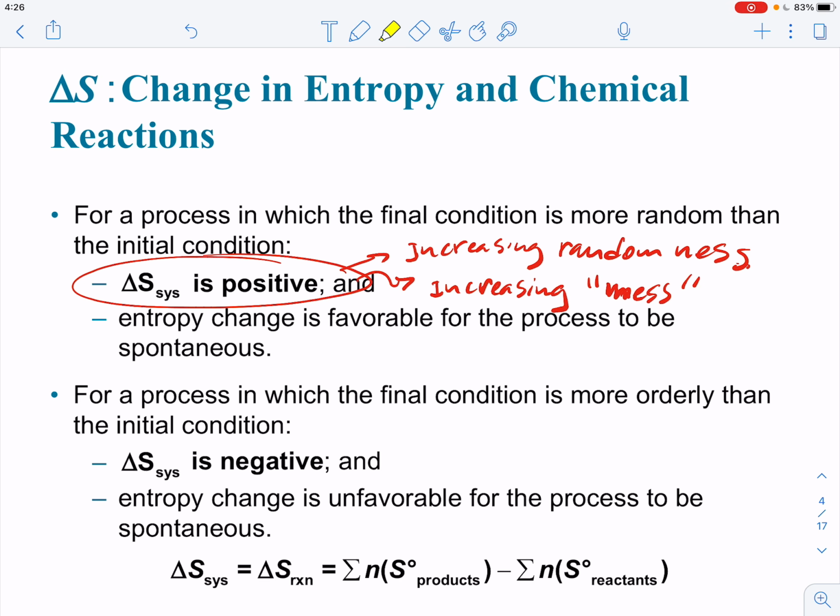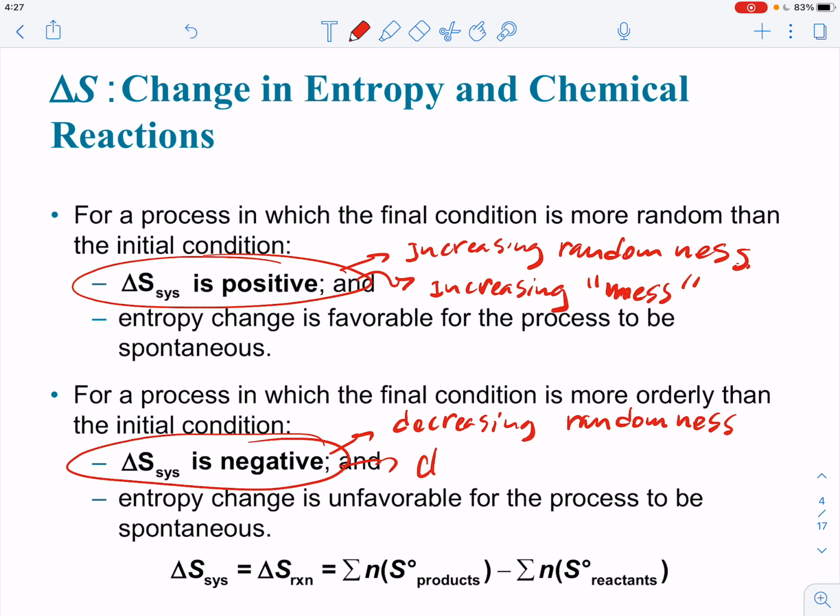Now, in the other case, if the change in entropy of the system is negative, you are decreasing randomness. To use something that particularly moms do with their children, if you are cleaning the mess, that's associated with a negative change in entropy.